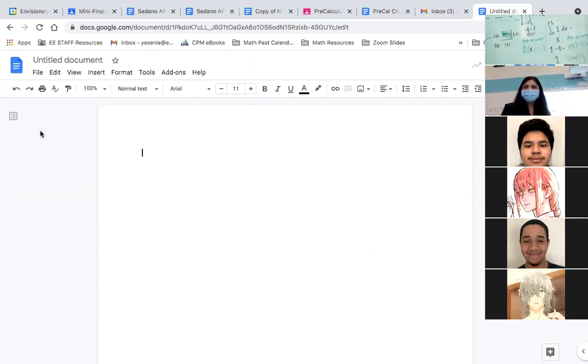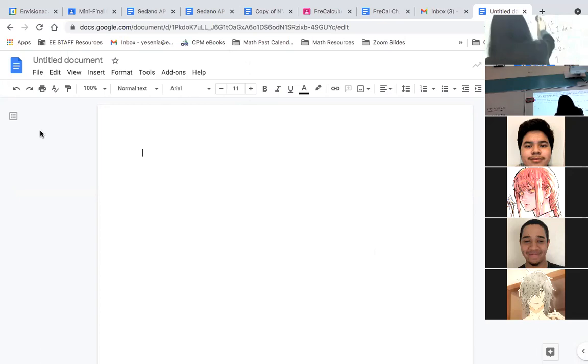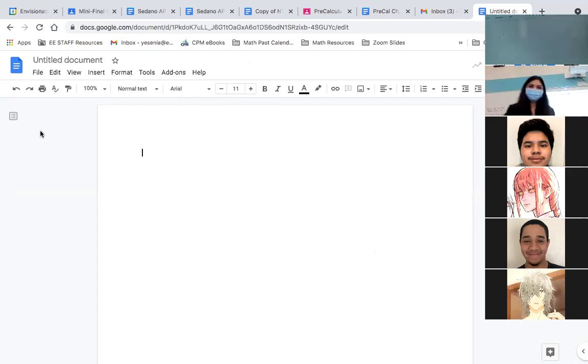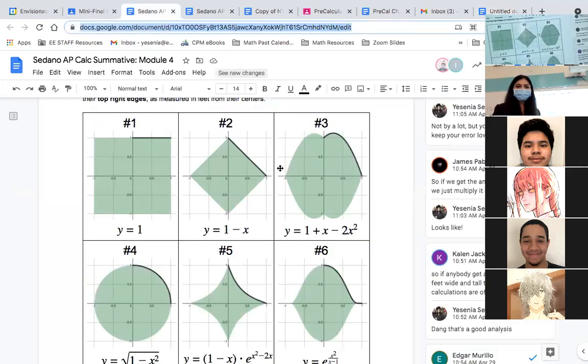Cool, I'm going to go ahead and erase the work here, and let's check out what number 2 looks like. Then I'll ask you all for some ideas on how we can solve it. Okay, number 2 looks like this.